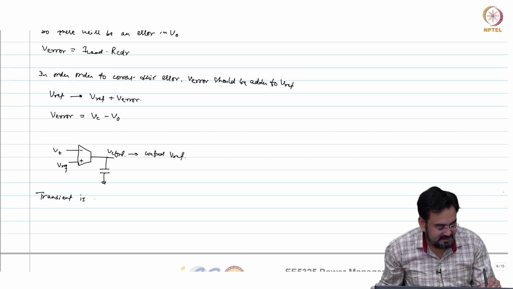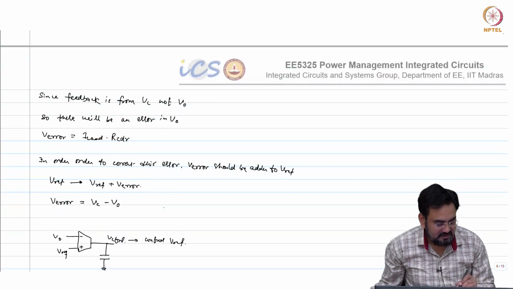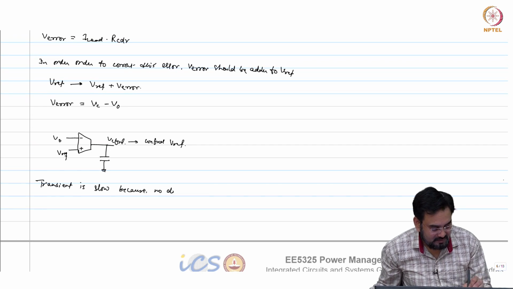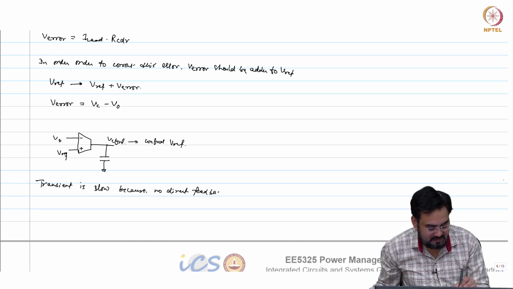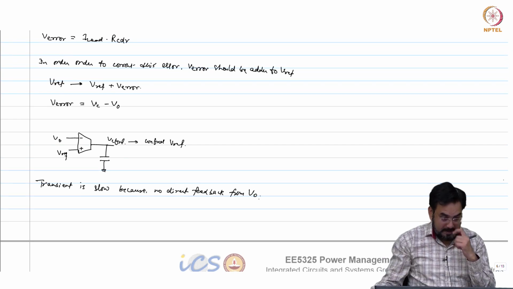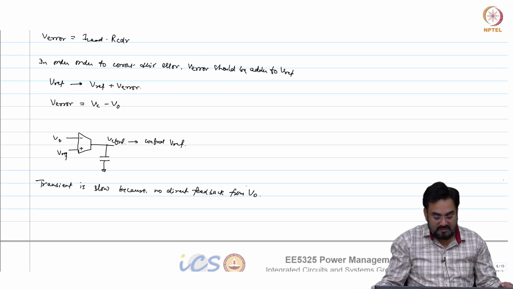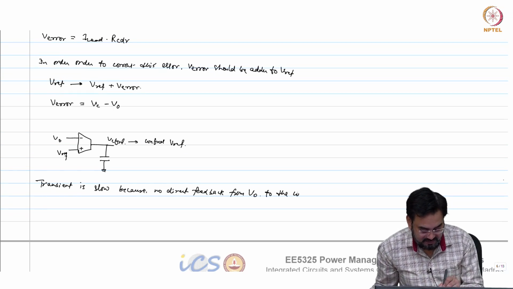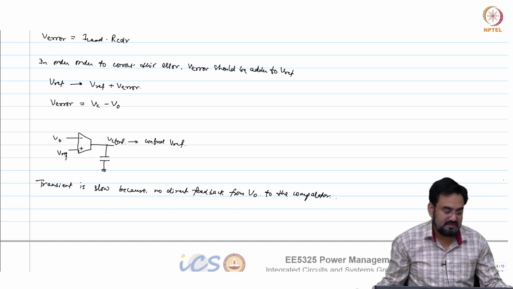So transient is slow because there is no direct feedback from V out to the comparator.